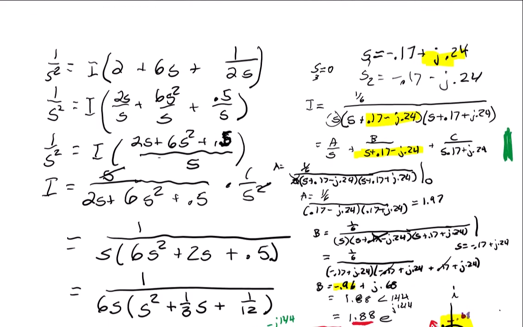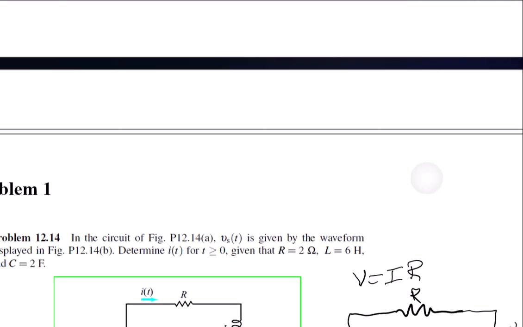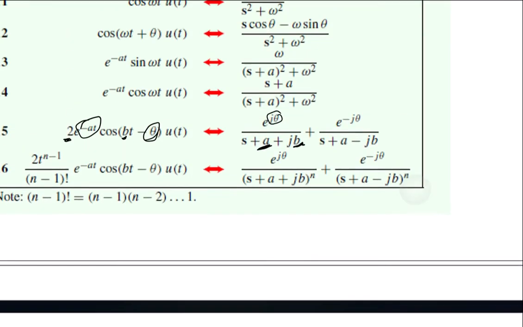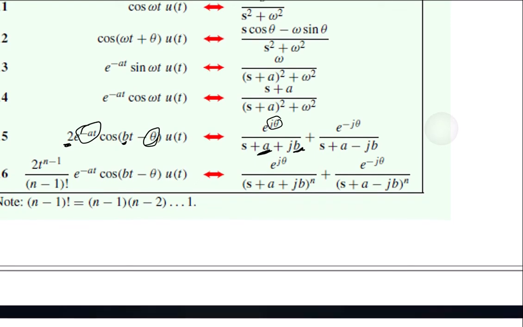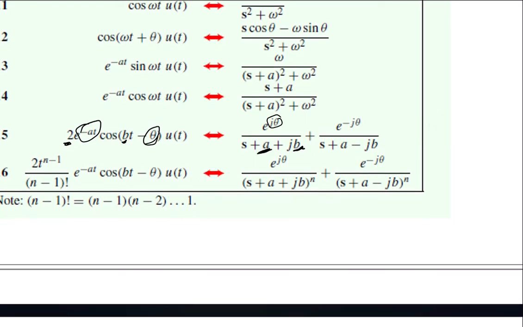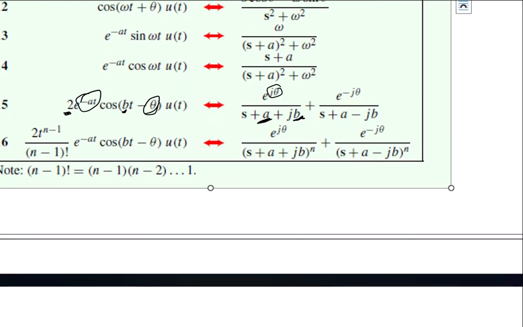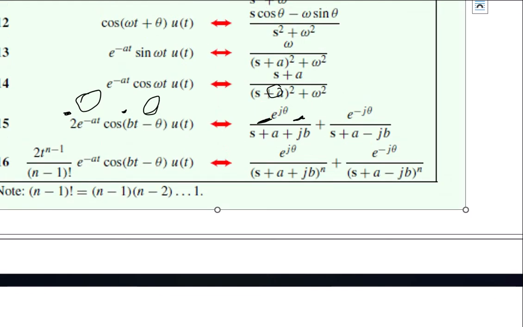Now, it is important to put the degrees in because the 0.24t is actually in radians, and the 144 is in degrees.